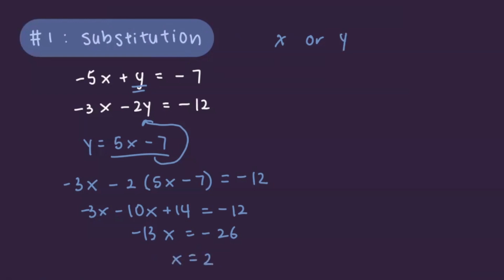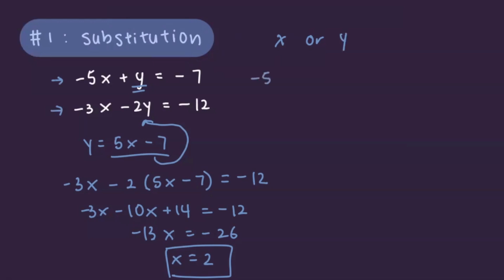So now we have x equals 2. We can substitute x into either one of the equations, but let's use the first equation because it looks like the easier equation.